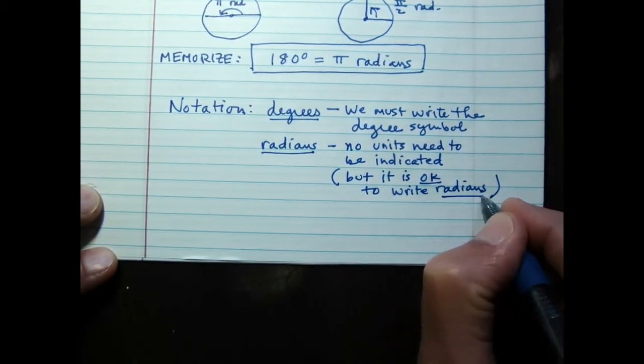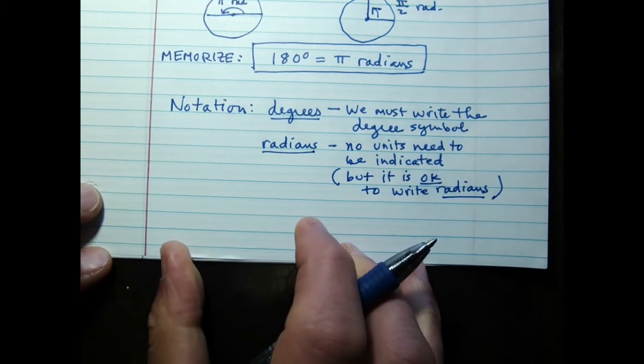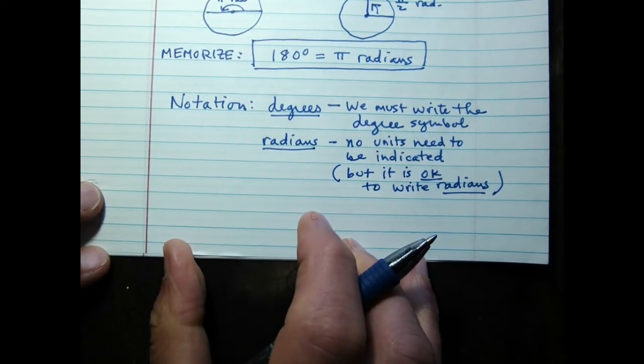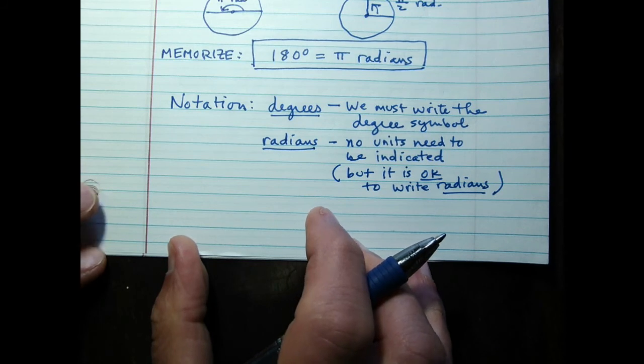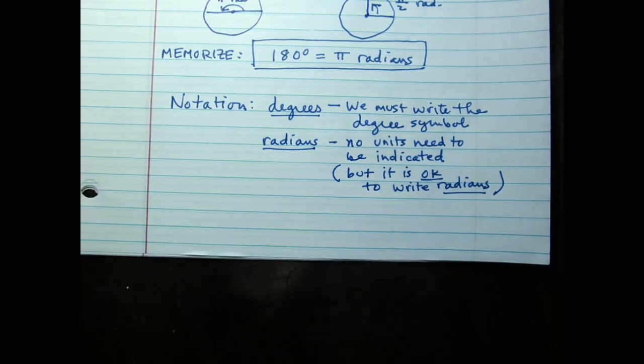And I'm always going to write radians here, because I think if we don't write units, it just gets confusing about what we're even talking about sometimes. So there's our important relationship, 180 degrees equals pi radians. And now in the next video, we'll start some conversions.